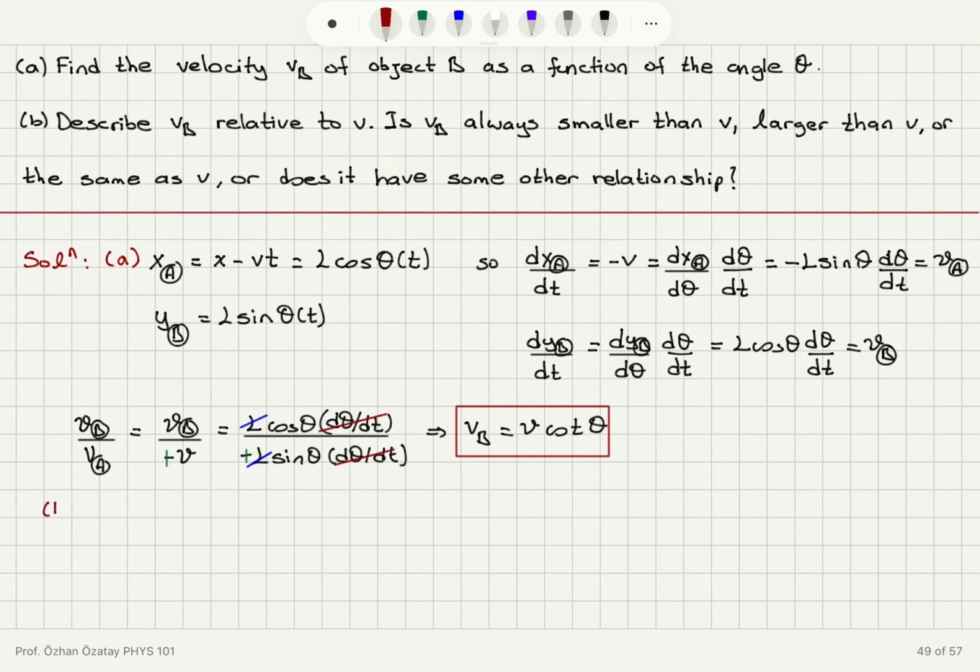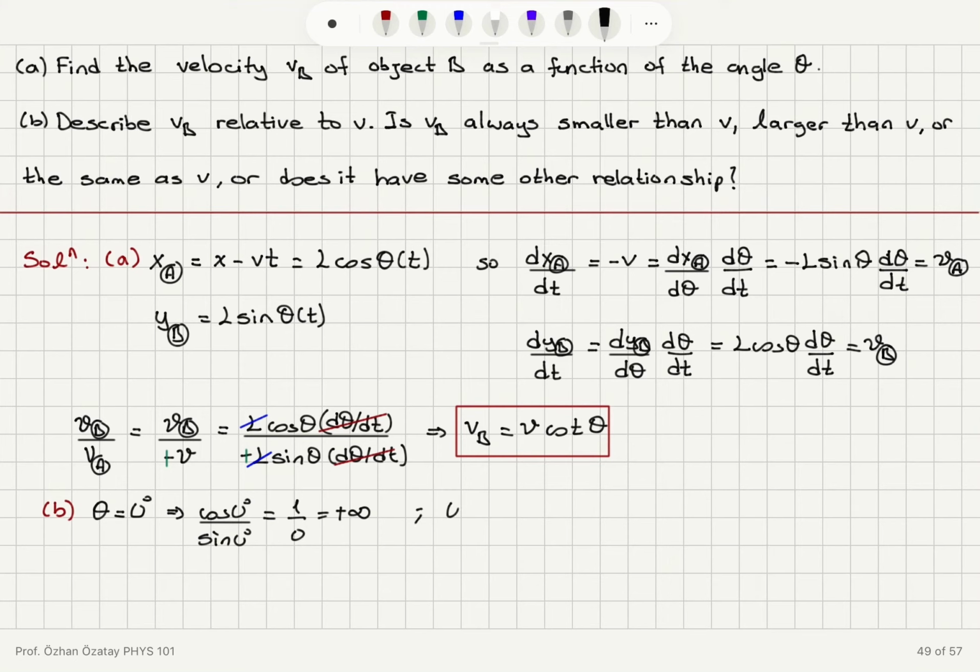Now let's move on to part B. Describe VB relative to V. Is VB always smaller, larger, or the same as V, or does it have some other relationship? Well, let's analyze this answer. When theta is equal to 0 degrees, we have cosine 0 over sine 0, which is 1 over 0, positive infinity.